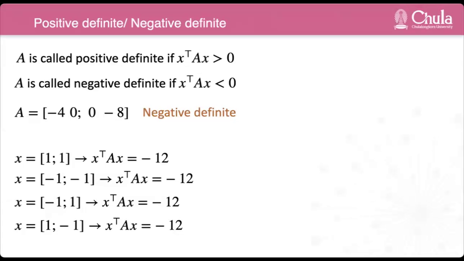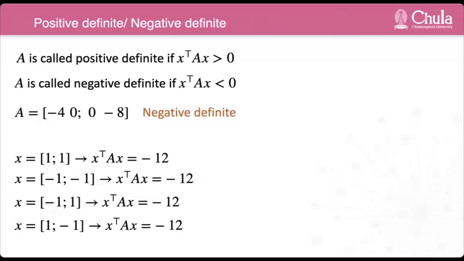You see that if we choose X as 1, 1, we plug in X and A and calculate X transpose AX, we get minus 12. Even if we change X to negative 1, negative 1, the result is negative.